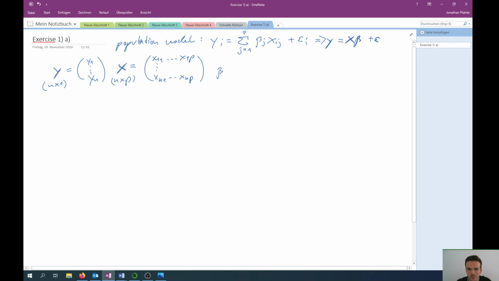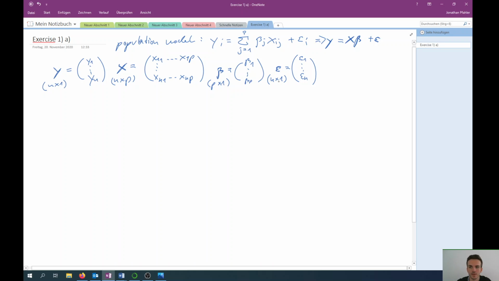Then let's not forget our parameters. This is a vector from beta 1 to beta p, so it's a p times 1 vector. Epsilon goes from epsilon 1 to epsilon n, so it's an n times 1 vector.